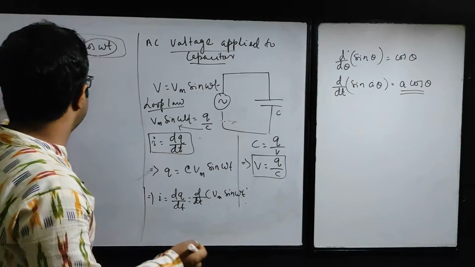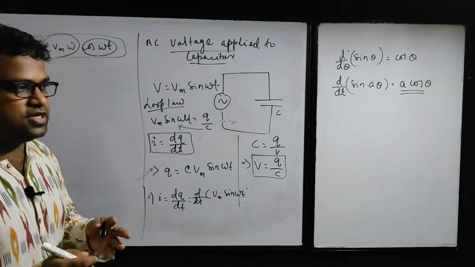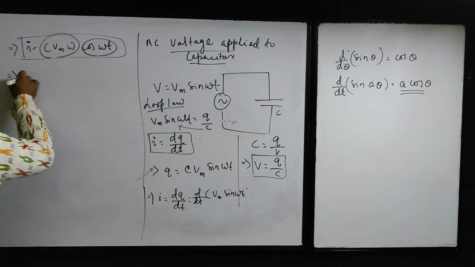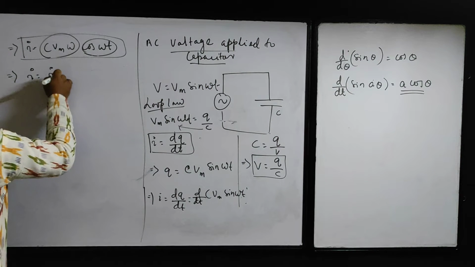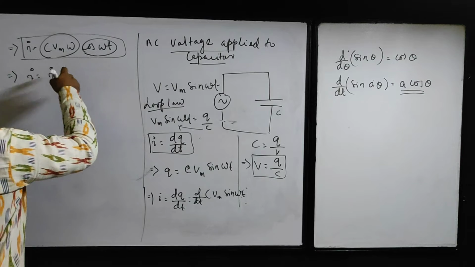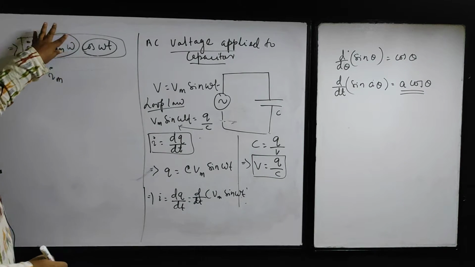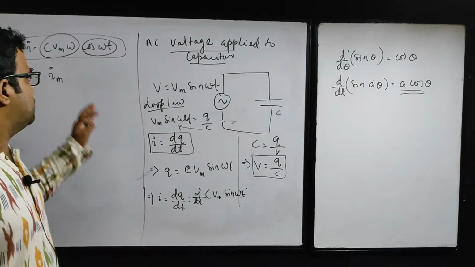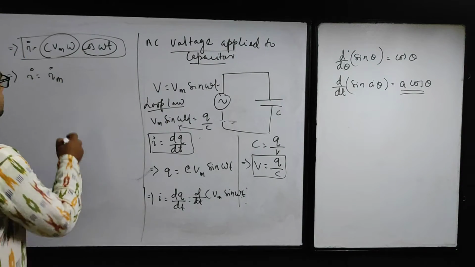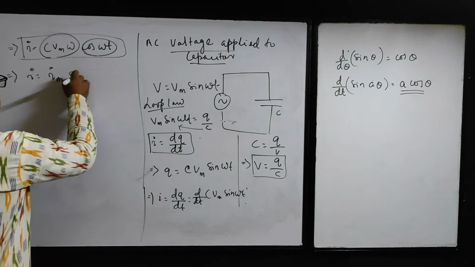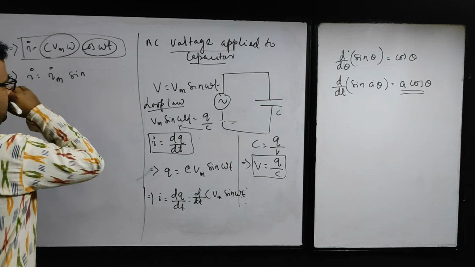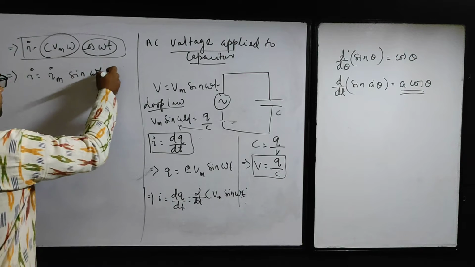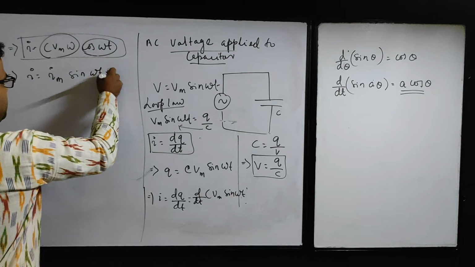So I need to convert this cos omega t in terms of sine so that I can easily compare. So I write I equals Im, where Im is this C Vm omega, and cos omega t I can write as sine omega t plus pi by 2.